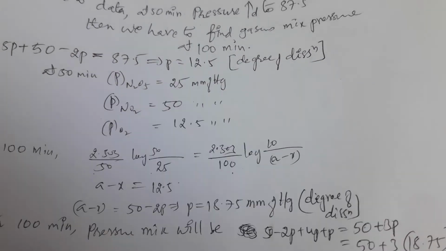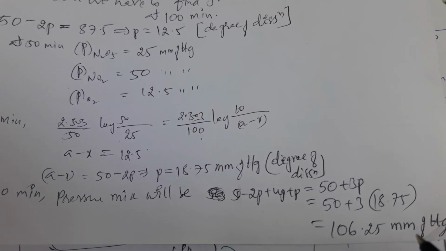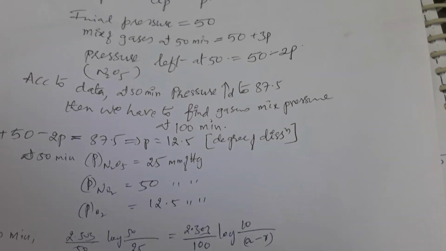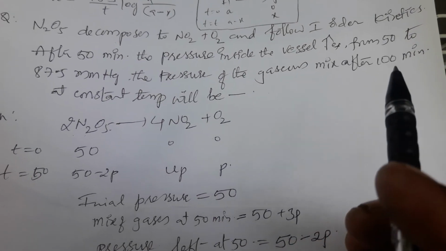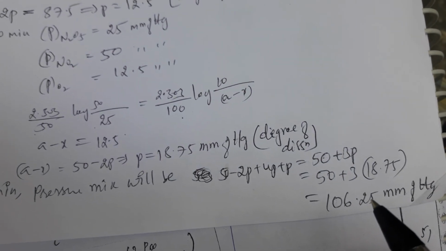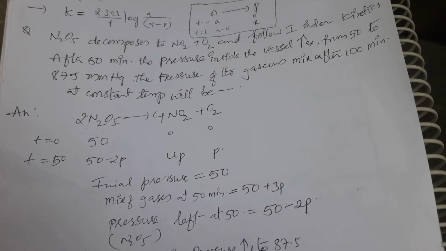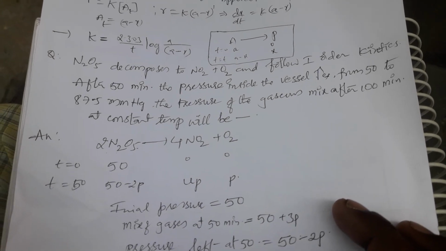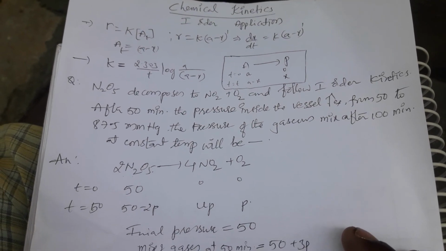Eventually we find the answer: 106.25 mm of Hg is the reaction pressure at 100 minutes. It is a very good question, a first order application question based on the pressure concept. Thank you all.